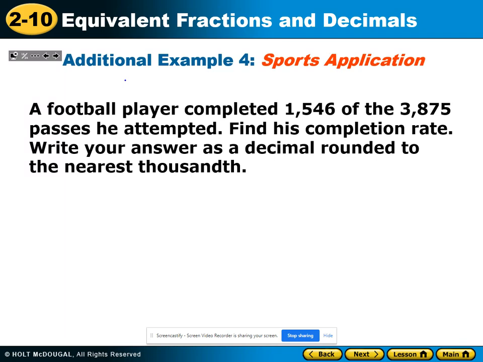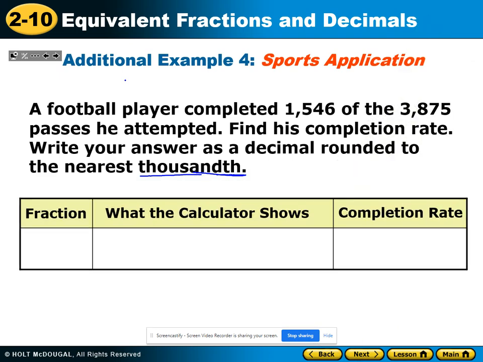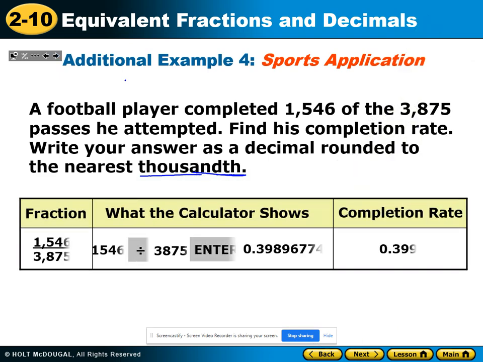A football player completed 1,546 of the 3,875 passes he attempted. His completion rate. Write your answer as a decimal rounded to the nearest thousandth. So here's the fraction way over here. You see that? You do the division.